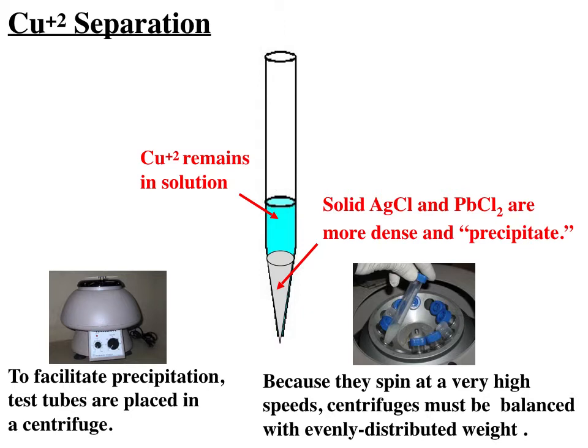Okay, so when we put this into the centrifuge, it spins very, very rapidly. And what this can cause is an imbalance of angular momentum by the placement of one tube on one side of the centrifuge. Kind of like when you put wet towels into the washing machine and they all pile up on one side and you turn on the spin cycle, the washing machine might start wobbling very dramatically.